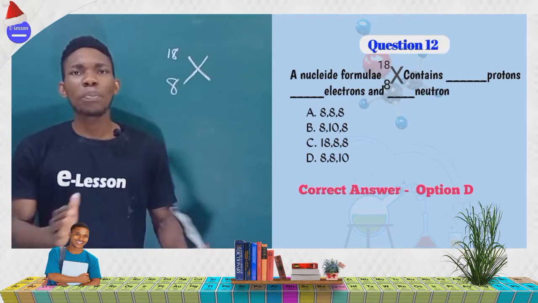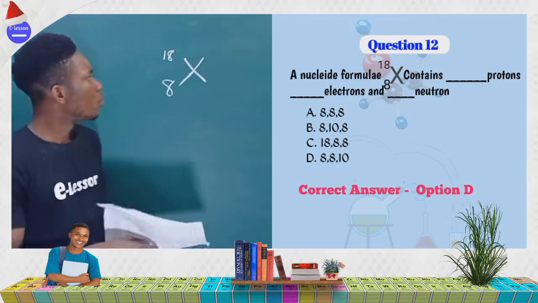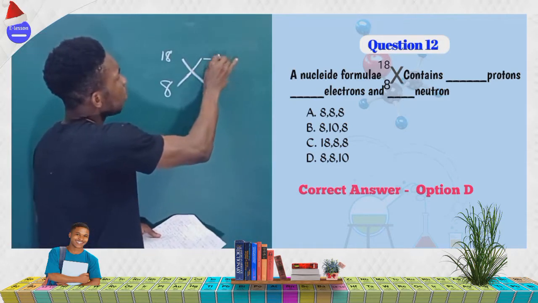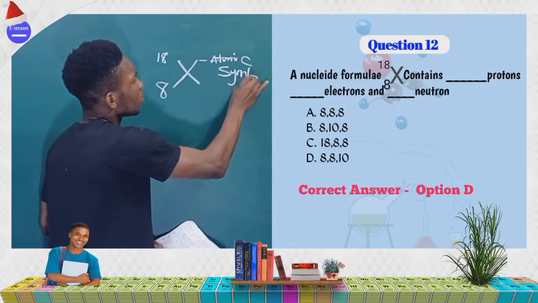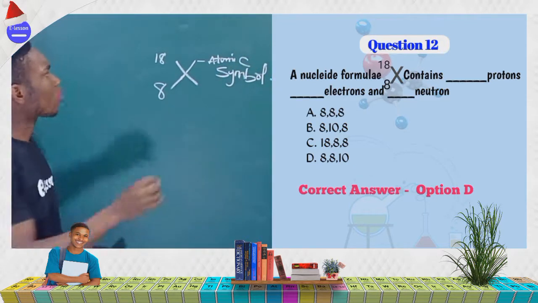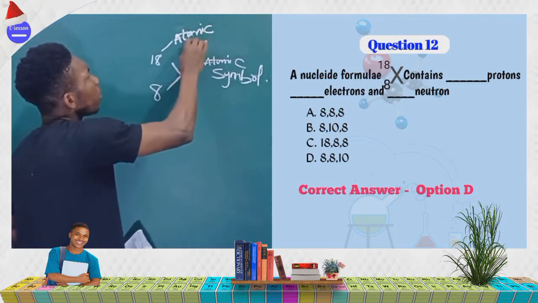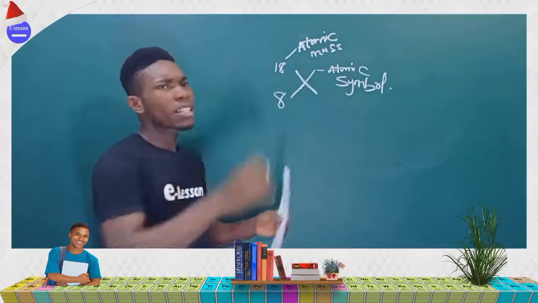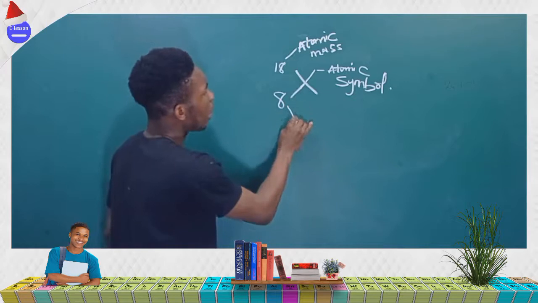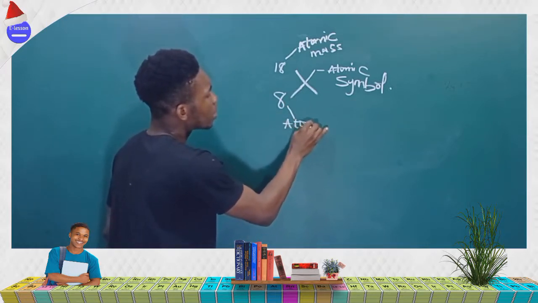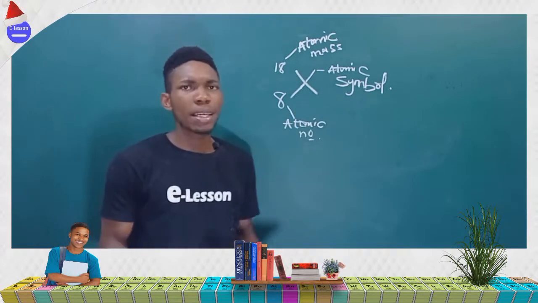The nuclide formula comprises three most important things: the atomic symbol, the atomic mass, which is a superscript to the left of the atomic symbol, meaning up to the left, and the atomic number, which is a subscript to the left of the atomic symbol.